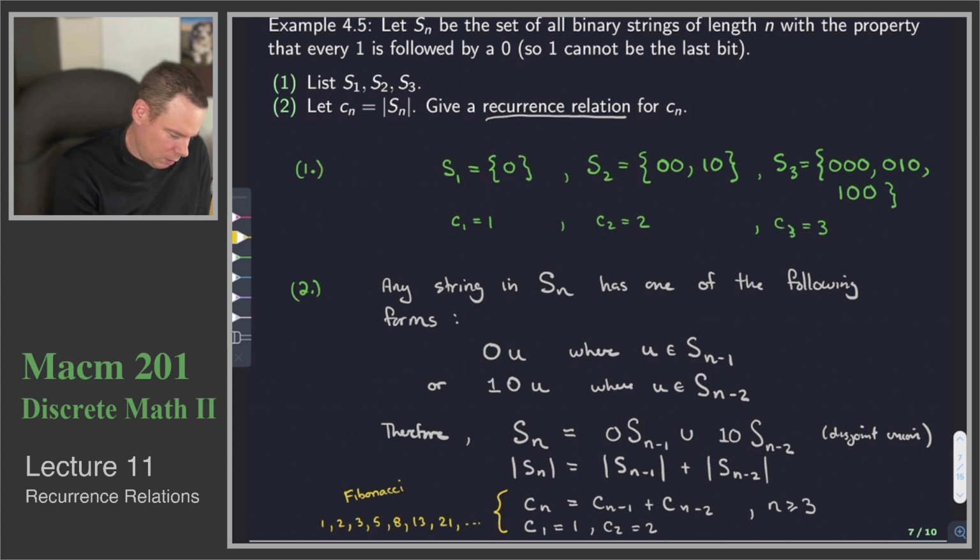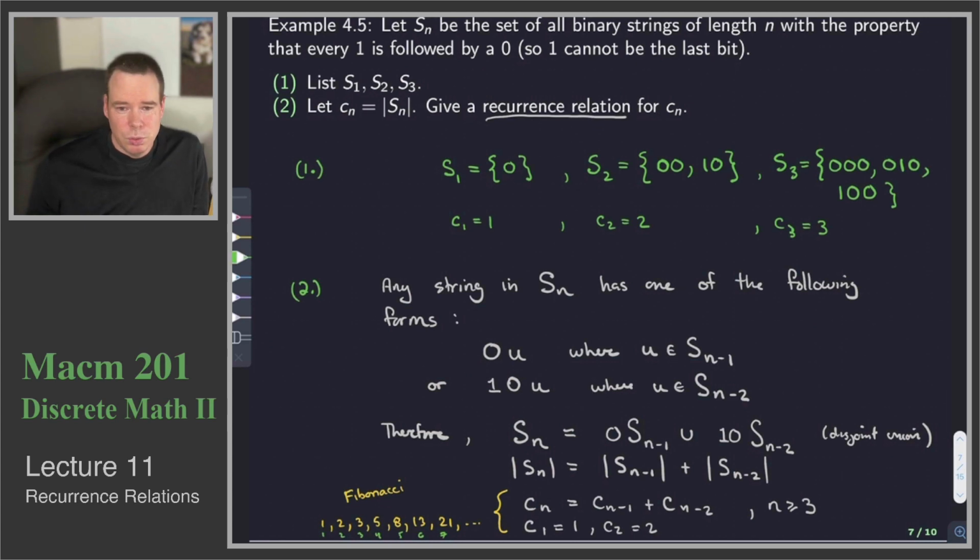And which terms are these? This would be the first term, the second term, the third term, the fourth term, the fifth term, the sixth term, the seventh term. So for example, if I'm interested in the number of binary strings of length 7, where every one is followed by a 0, I know that there are 21 such strings.